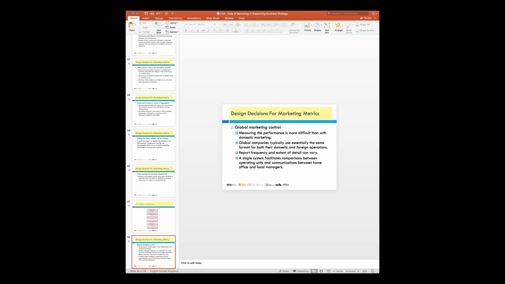Now, there are certain other performance management or performance measurement techniques that are used within the organization, and these in particular sometimes are related to decisions or strategies.